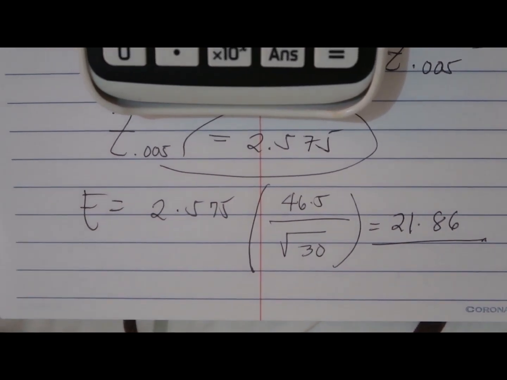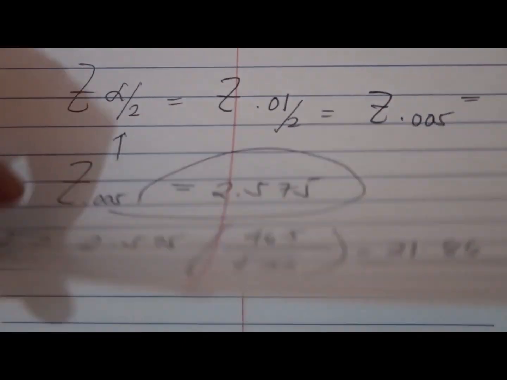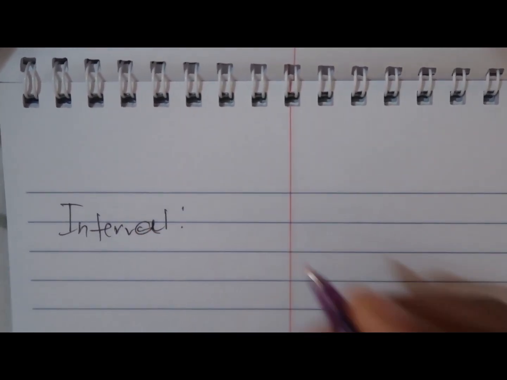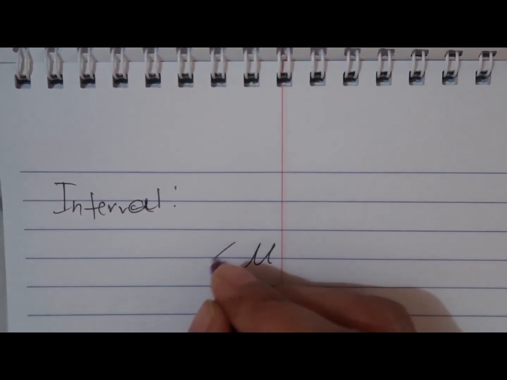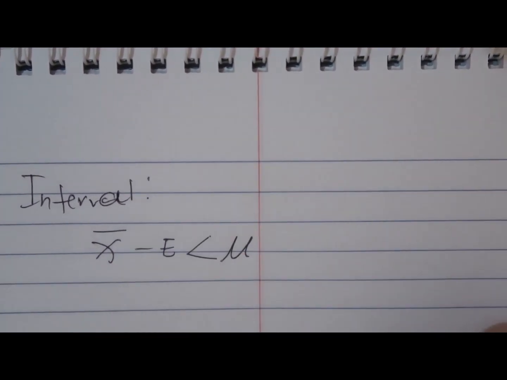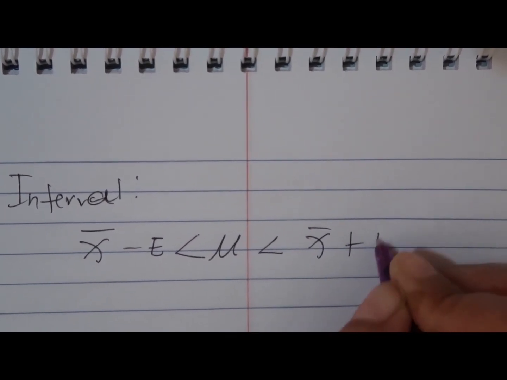21.86. So we can now determine the interval. So the interval will be mu is greater than sample mean minus the margin of error, but less than sample mean plus the margin of error.